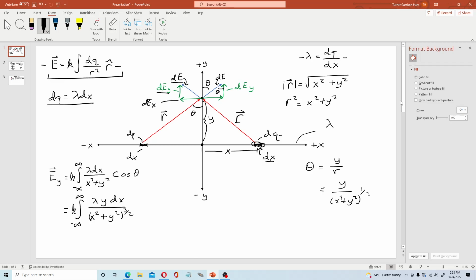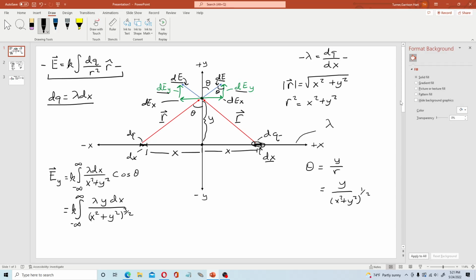But you'll notice if I take an identical chunk, an equidistant position along the x-axis in the opposite direction, it will also have its own r vector, and it will also produce its own differential amount of field dE, and it will also have components dEy and dEx.